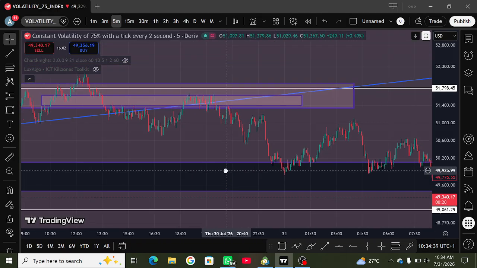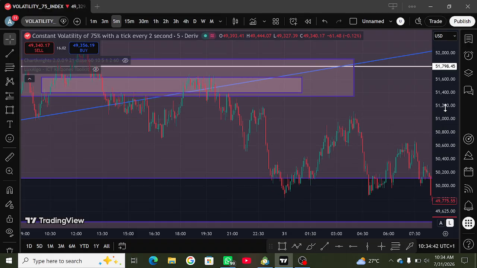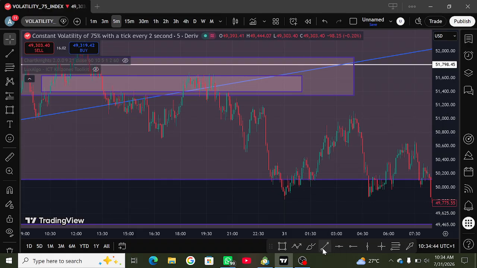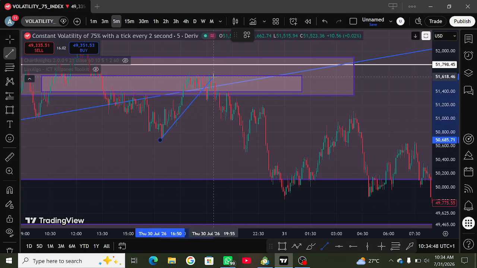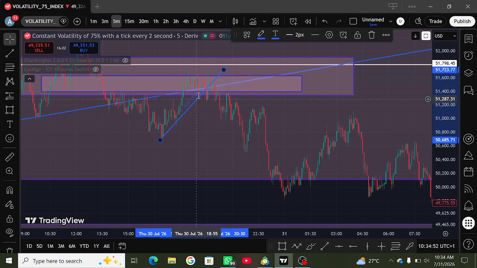So this is it. Measure it here. This is the break and the retest. So our entry now should be after the close of this bearish candle.